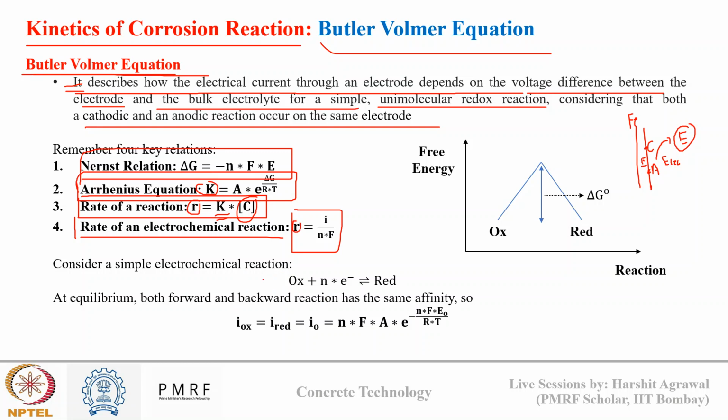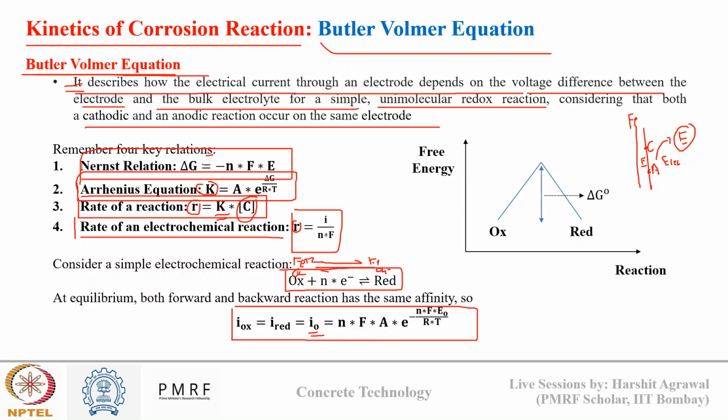If I consider a simple electrochemical reaction where the oxidized form is reducing, like O2 reducing into OH minus or Fe2+ converting into Fe, then initially at equilibrium, what will happen? Both the forward reaction and backward reaction happen at the same rate. So the Butler-Volmer equation represents I equal to I oxidation equal to I reduction equal to I naught, the equilibrium current, which is nFA e to the power minus nF E naught upon RT.